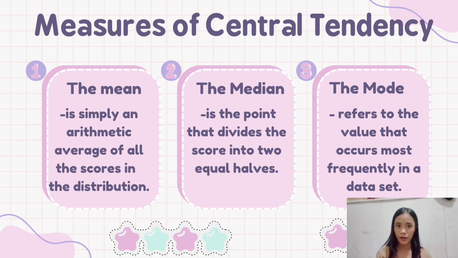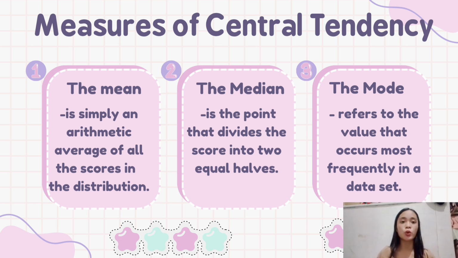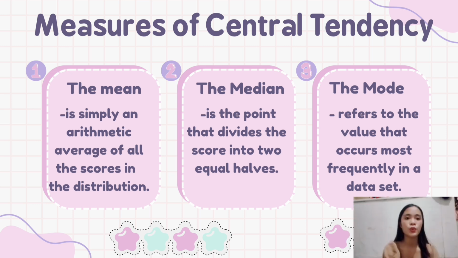First is the mean, or also known as the arithmetic mean, which is one of the most commonly used measures of central tendency. It represents the average value of a dataset and provides a single value that summarizes the overall distribution of the data. The median represents the middle value of a dataset when the values are arranged in order.